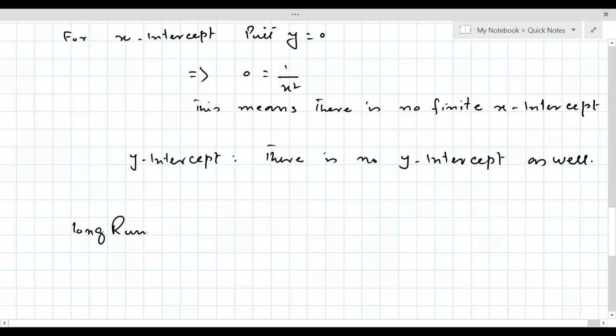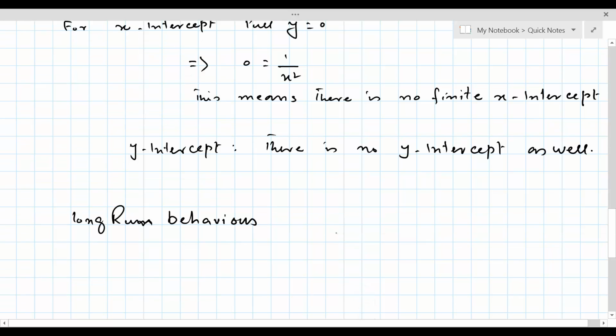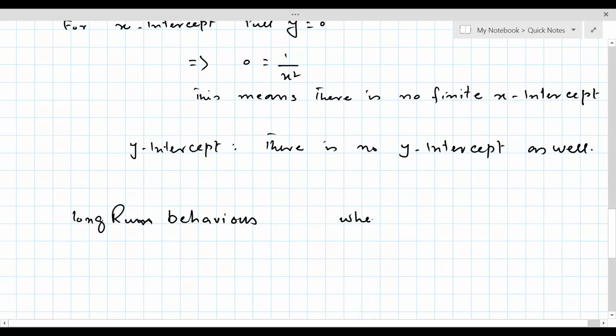Long run behavior is when x approaches infinity, when x becomes very, very large.